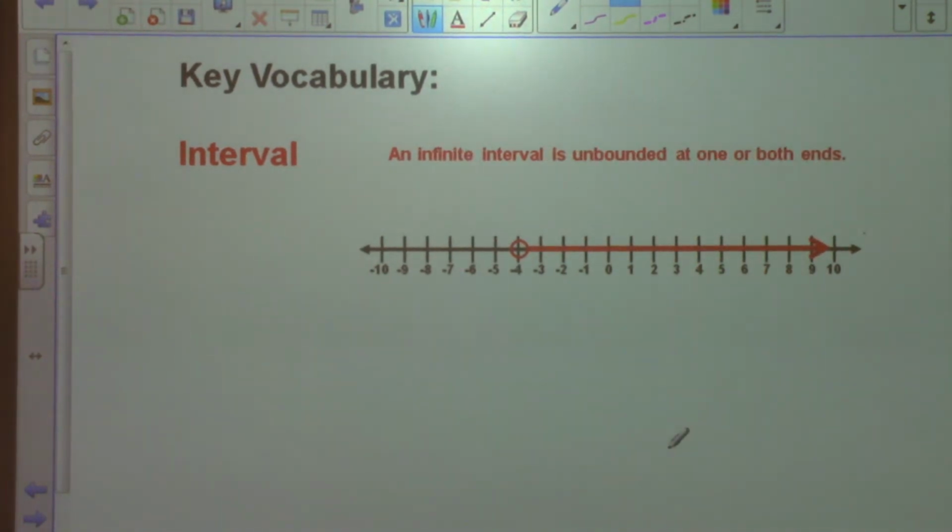An infinite interval is unbounded at one end or both ends. The ones we showed you earlier were finite intervals, so this is an example of an infinite interval.